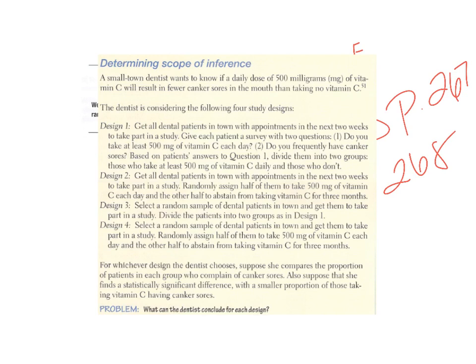So there was no random assignment to groups either. So this dentist officially also cannot make any inferences regarding cause and effect. Okay, so design number 1 is really not so great. No inferences about the population, no inferences about cause and effect.